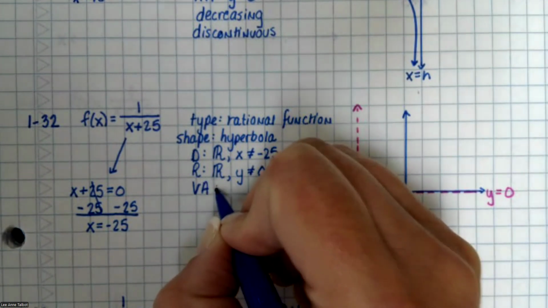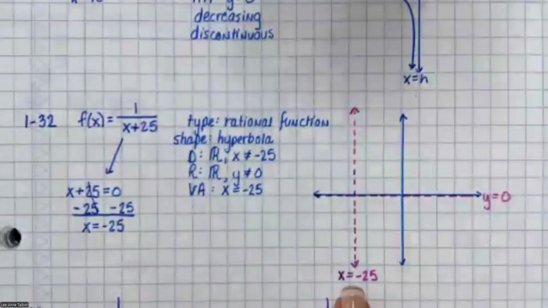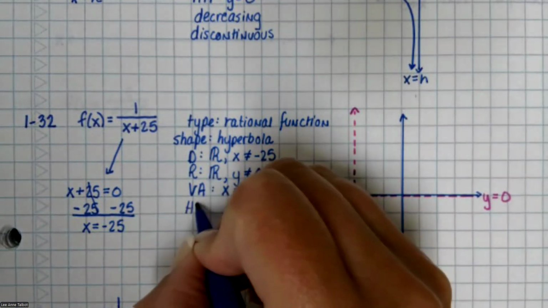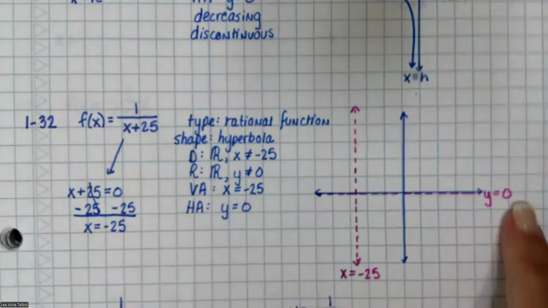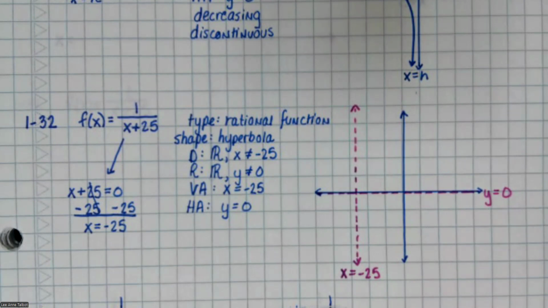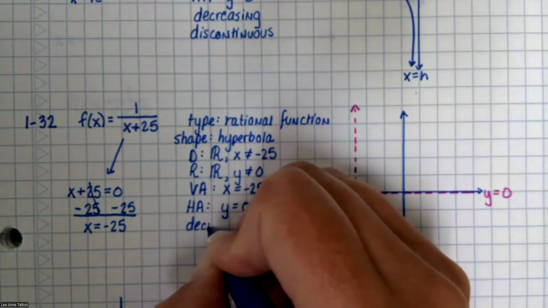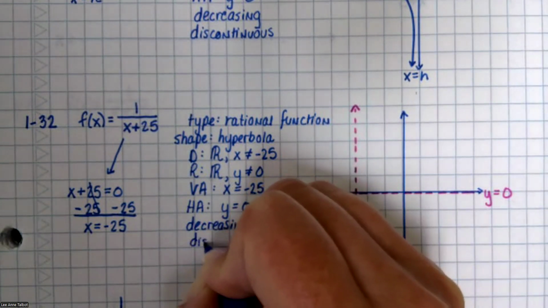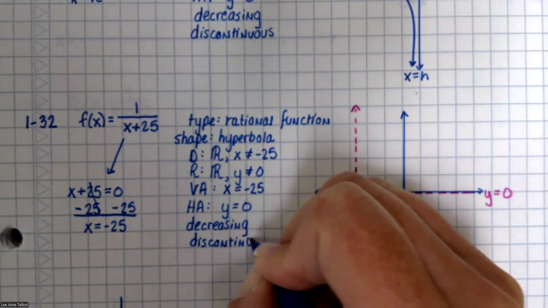Vertical asymptote, x equals negative 25. Right there, we already have it labeled. Horizontal asymptote, y equals 0. We already have that labeled. It's decreasing. Then discontinuous.